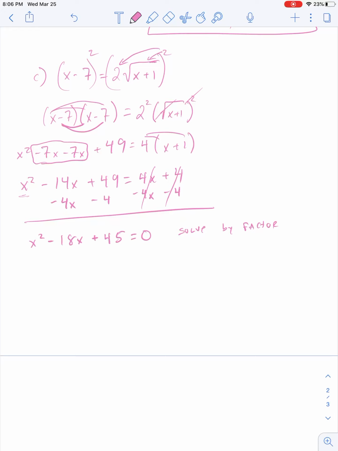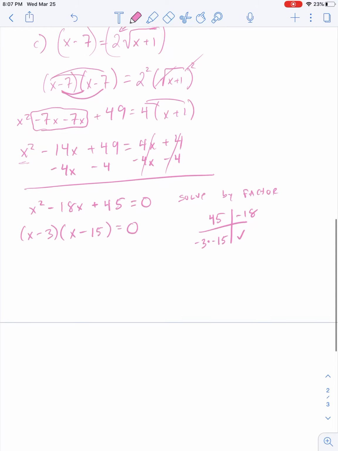This is a trinomial and a equals 1. So what's the product of 45 that sums to give us negative 18? How about negative 3 times negative 15? Right, so we get x minus 3, x minus 15 equals 0.